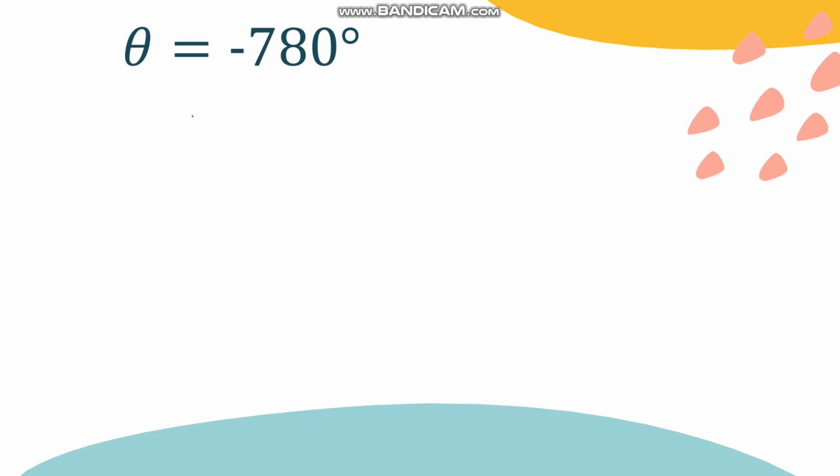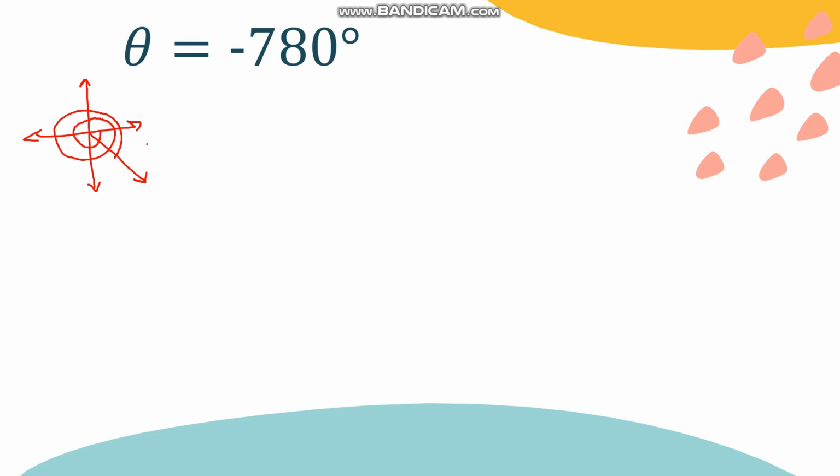Since this is 780 degrees, that means it completes 2 full rotations, and it is greater than 720 degrees, which is 2 full rotations. So if I am to just illustrate this angle, it's negative 780. The movement will be clockwise. So 1, 2. So let's say somewhere here is our 780 degree angle.